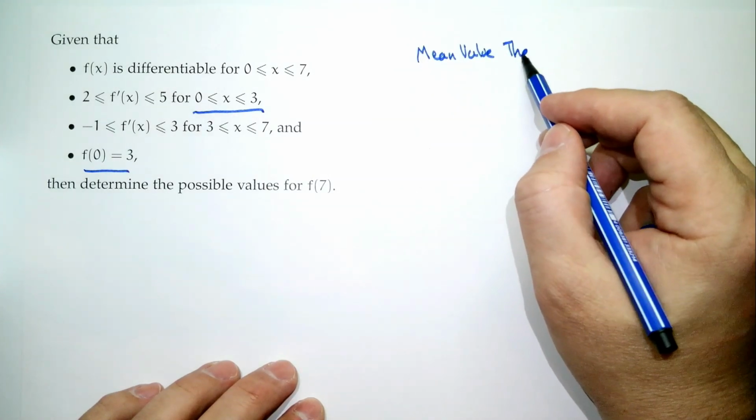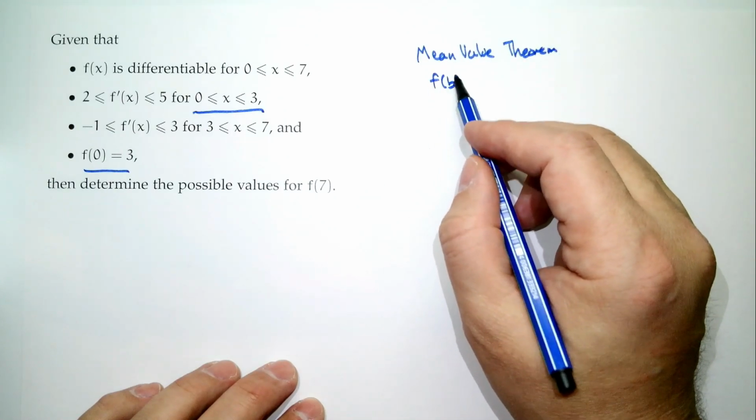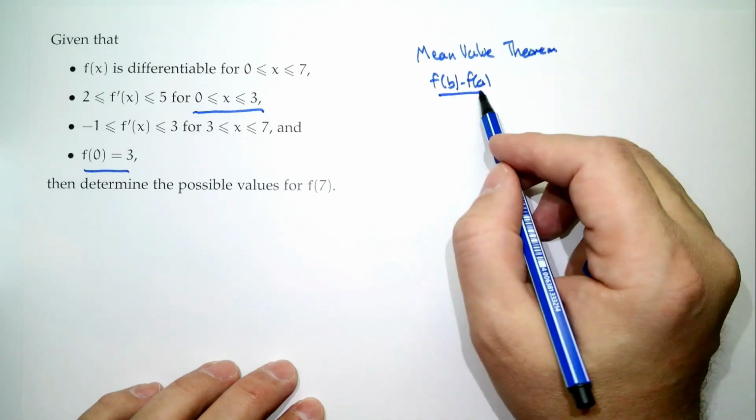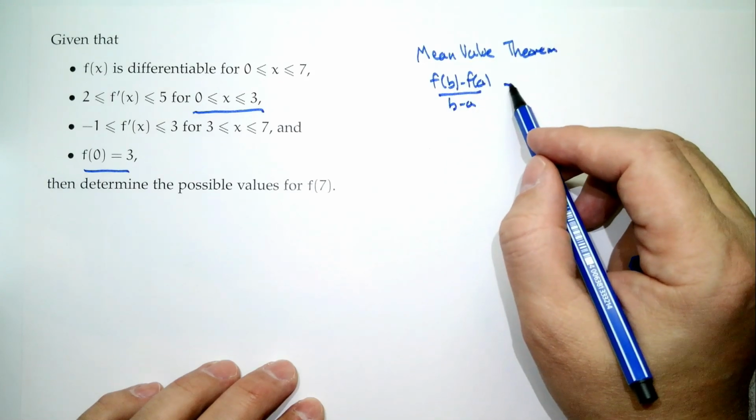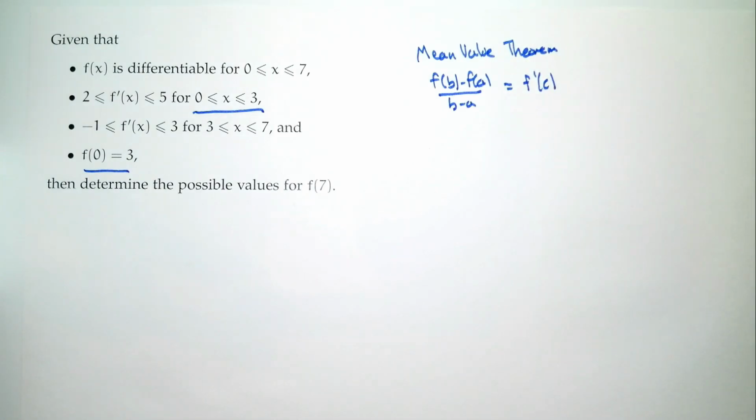Now, what does that tell us? Well, it tells us that if I look at the average rate of change, f of b minus f of a over b minus a, that's got to be equal to the instantaneous rate of change for some point in between. So my instantaneous rate will line up at some point with my average.